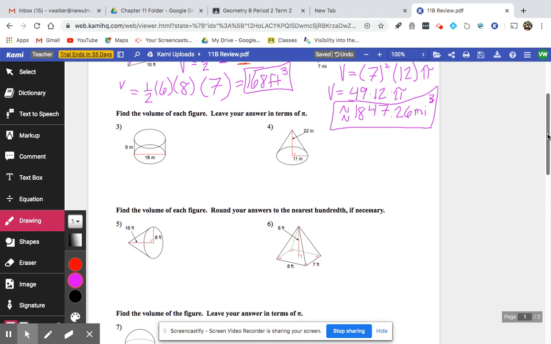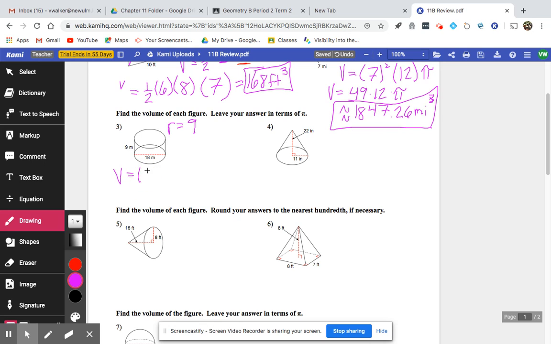Number 3, find the volume. This time we want to leave our answer in terms of pi. So, once again, we have a cylinder. Here they give us the diameter of this circle, which is 18. So that means my radius has to be 9. Same formula, which is pi r squared h.